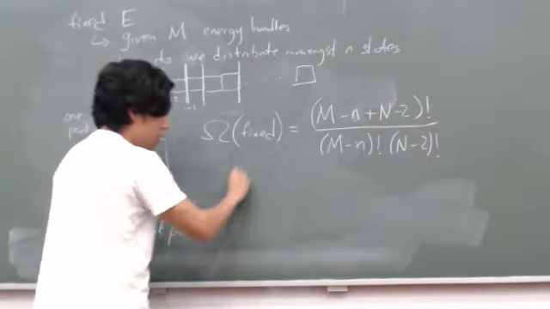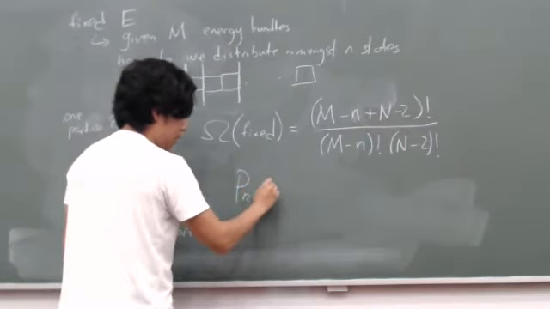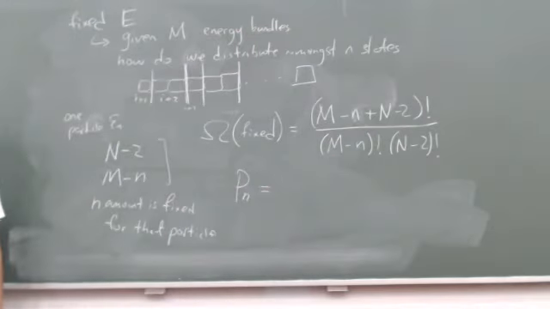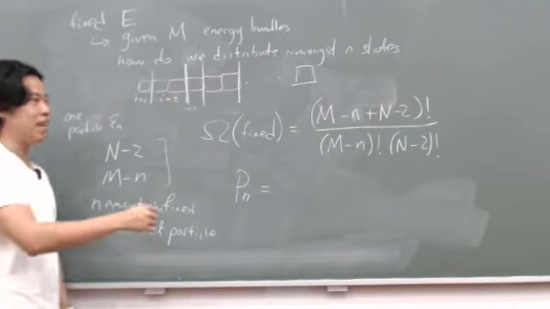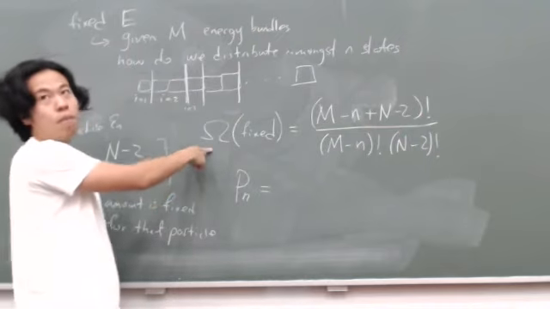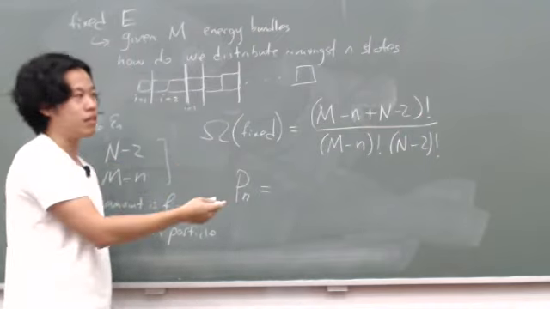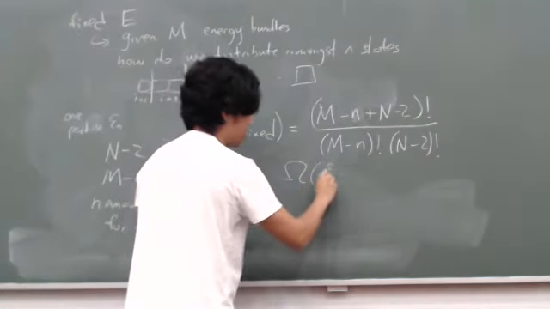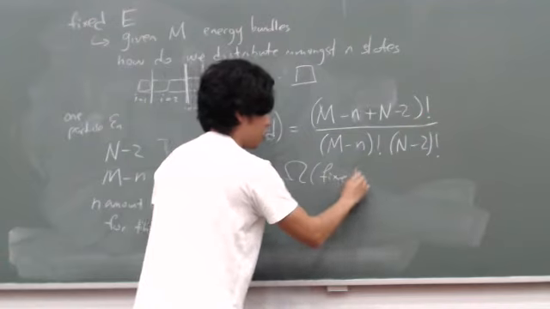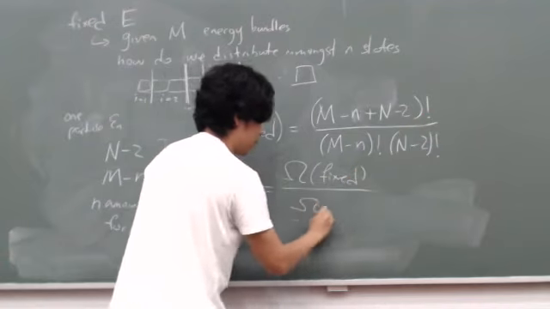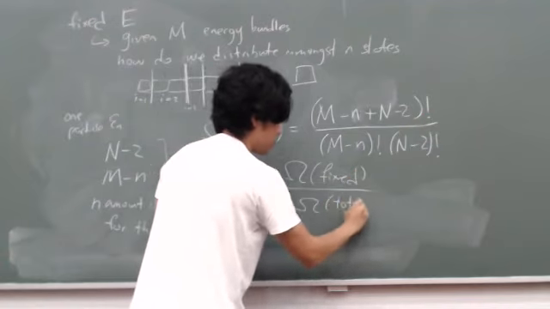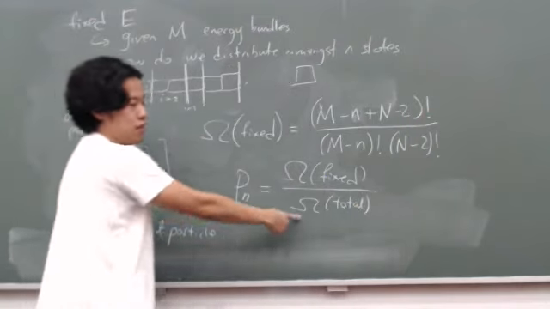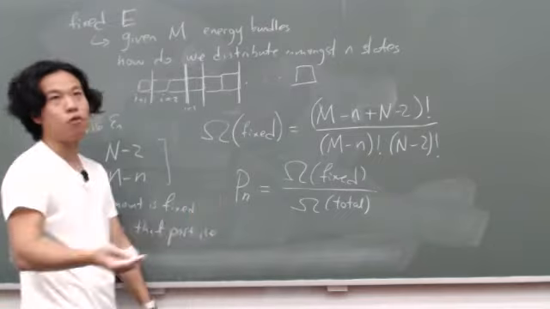And now to find the probability of this n state, you have to invoke the fundamental postulate of statistical mechanics, that each microstate occurs with the same probability. So if I take the number of microstates for this fixed arrangement divided by the microstates for the total system, then this ratio should tell me the probability, because each one of the individual microstates has equal probability of happening.